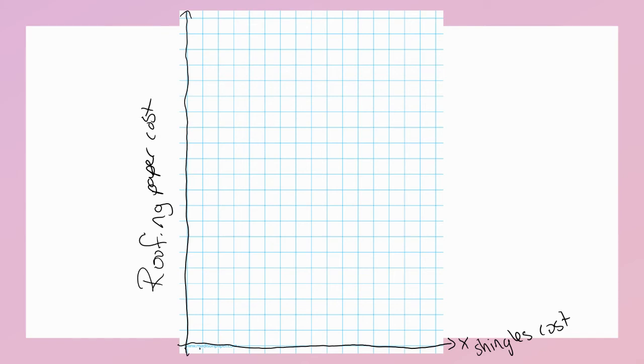I'm going to go by 4s on my x-axis, and then I'm going to go by 20s on my y.